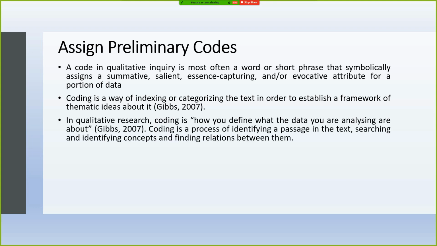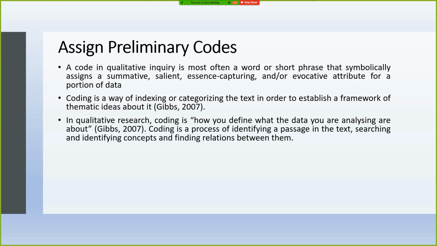In qualitative research, coding is how you define what the data you are analyzing is about. Coding is the process of identifying a passage in the text, searching and identifying concepts and finding relationships between them. It's not just that you highlight these things as important.